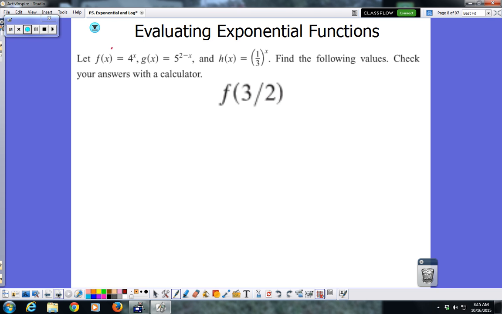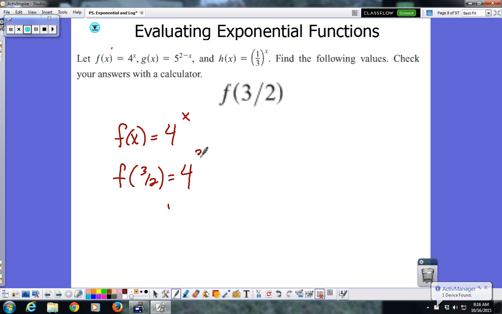This first part will just be reminders on, first off, function notation, and also your rules of exponents. So if f of x is 4 to the x power, and you're asked to find f of 3/2, that would be 4 to the 3/2 power.